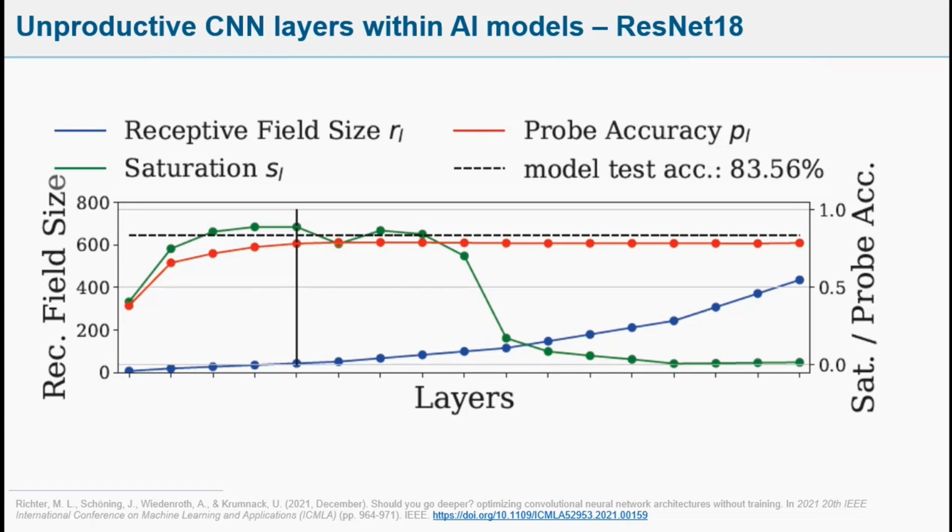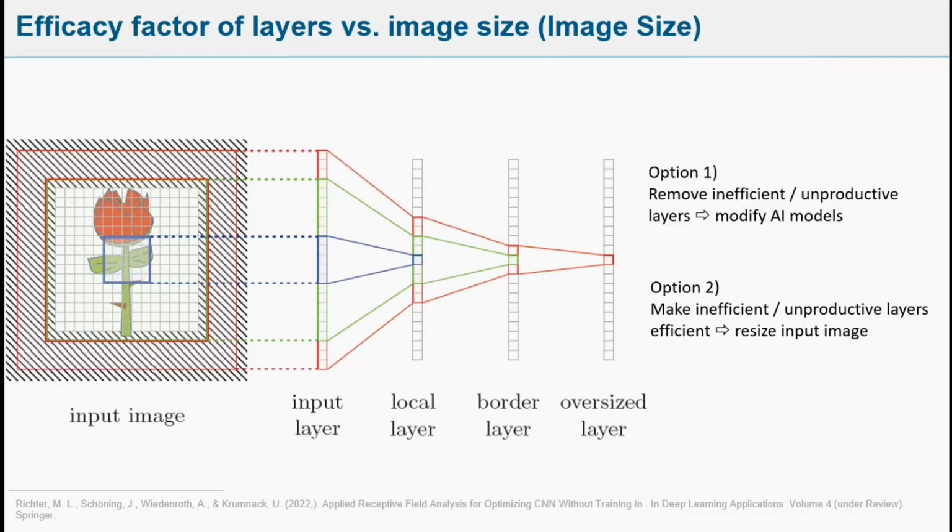So we can predict at which point the layers of a neural network become unpredictable. So this is some finding. And this means if I do have image classification, this is our image.